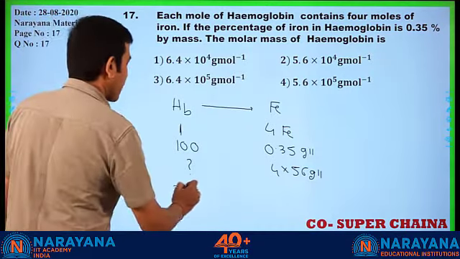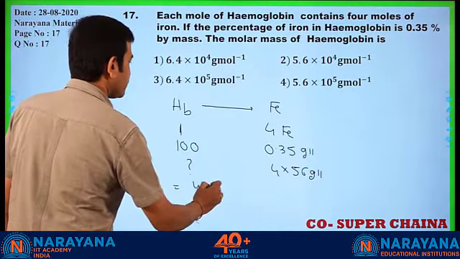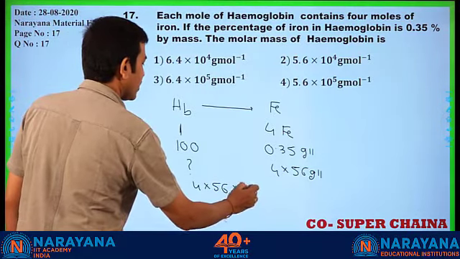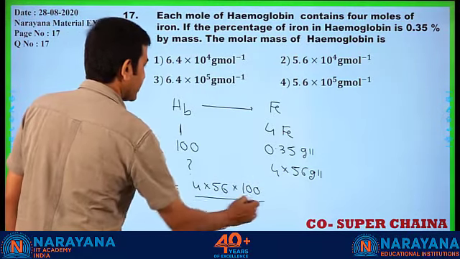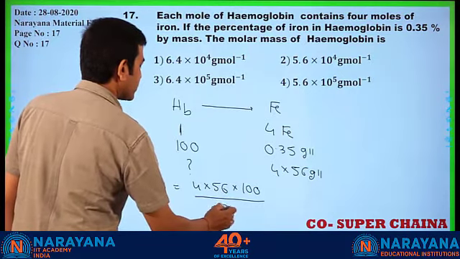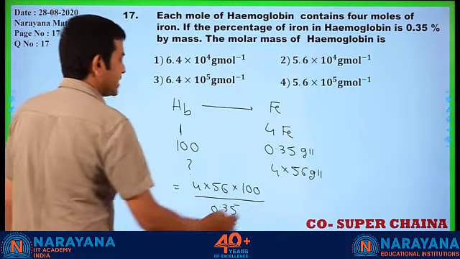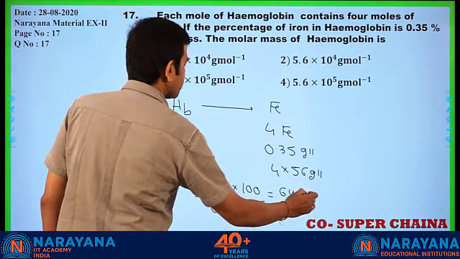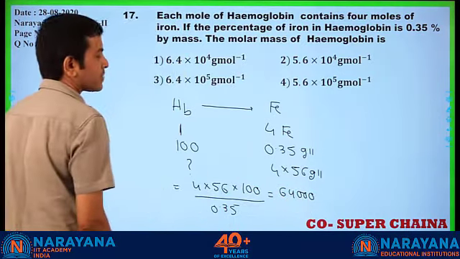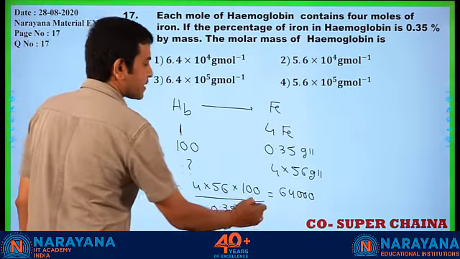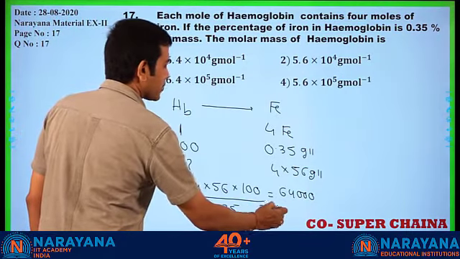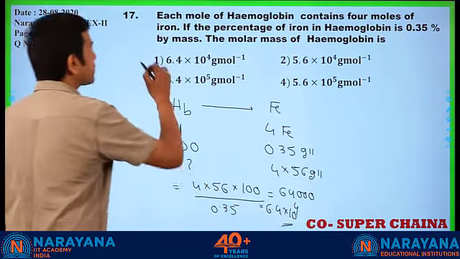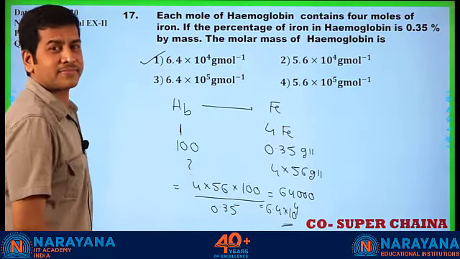So that is equal to 4 into 56 into 100 divided by 0.35, which is 64,000. It can be written as 6.4 into 10 power 4. Then option 1 is correct.